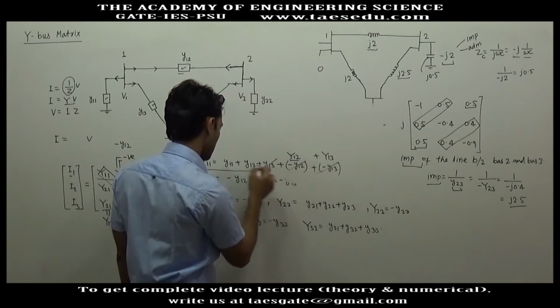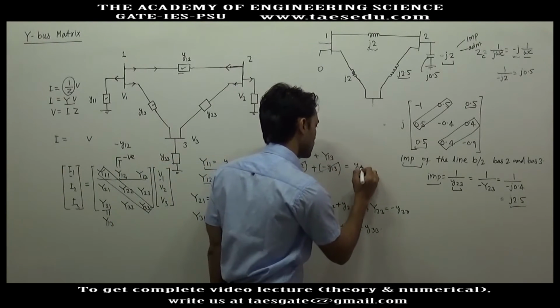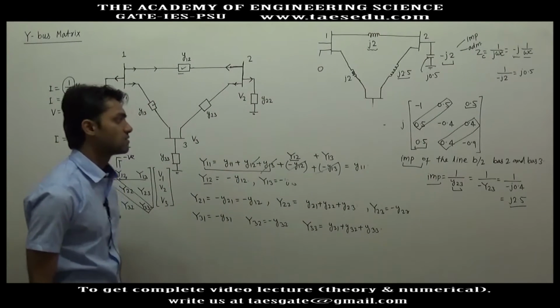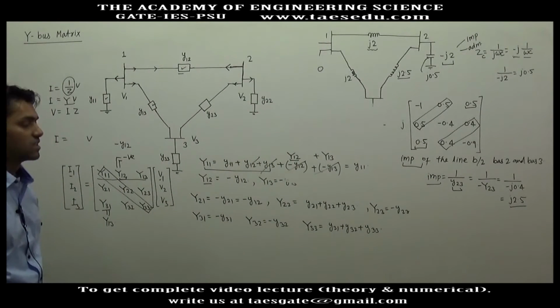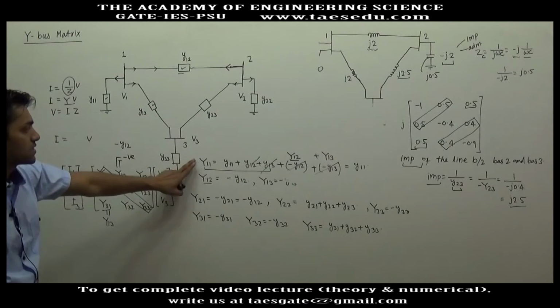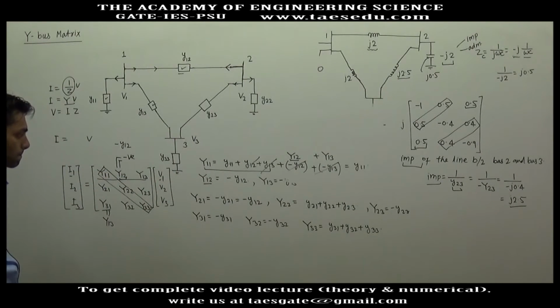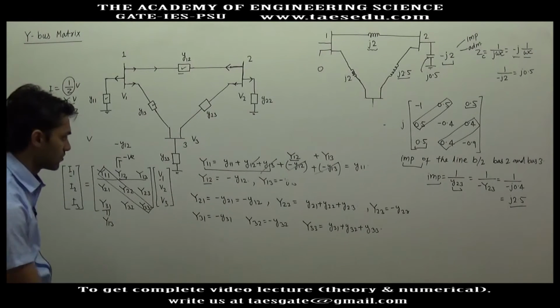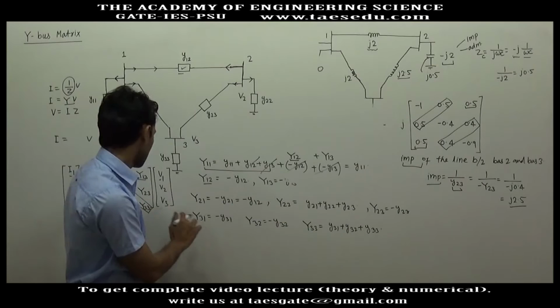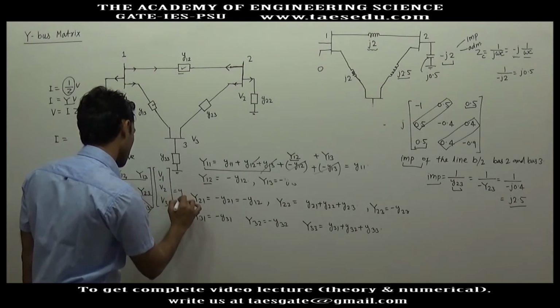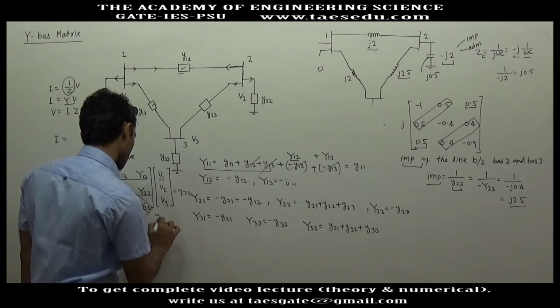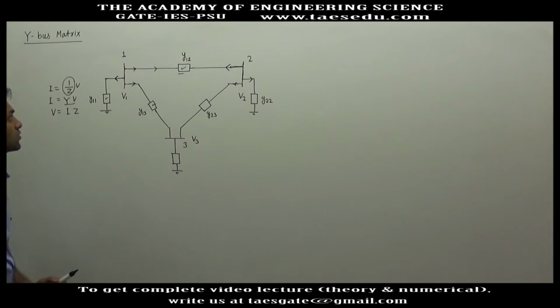These two will be cancelled and you will get small y11, which shows the shunt element of bus 1. Similarly, if you add the other rows, you will get y22 and y33. So this was the formula for the admittance matrix, and this was for the short transmission line.